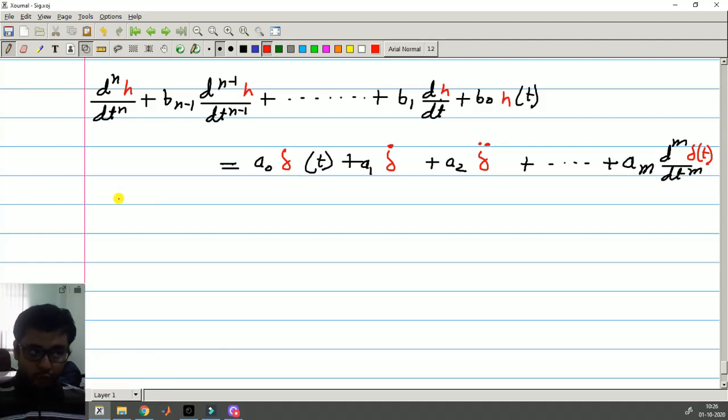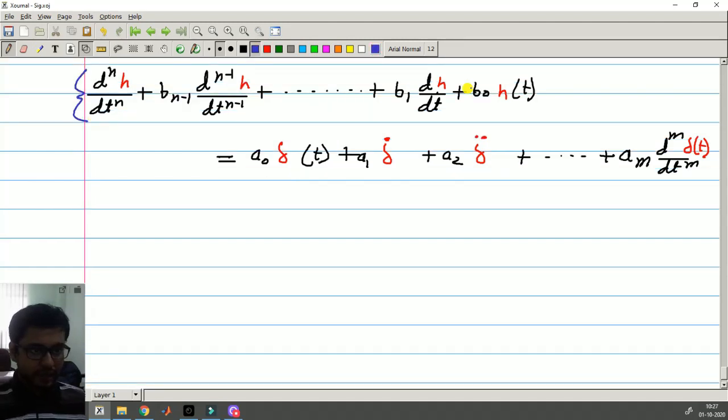Now what we will do, we will take the Laplace transform of both sides. Laplace transform of the left side will be equal to the Laplace transform of this right side.